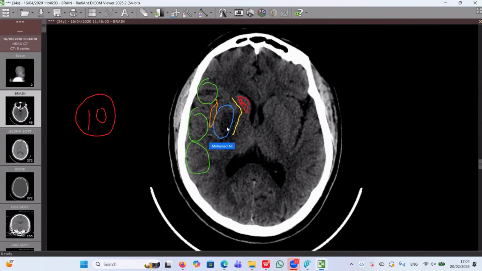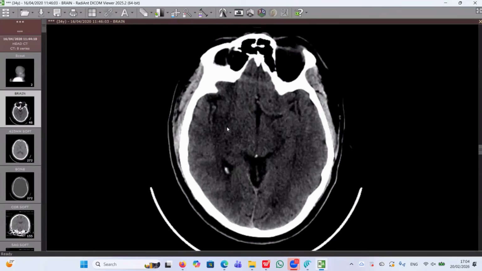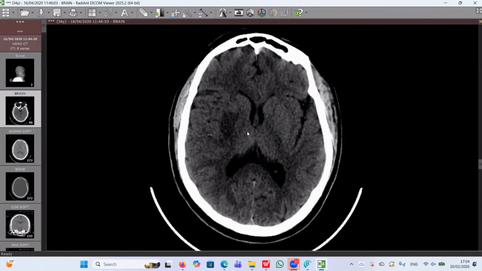In this pattern of affection, we have the lentiform nucleus and the insula involved. So what are these 10 points? The caudate nucleus, 1 point, internal capsule, another point, lentiform nucleus, another point, insula, another point, and also M1, M2, M3.